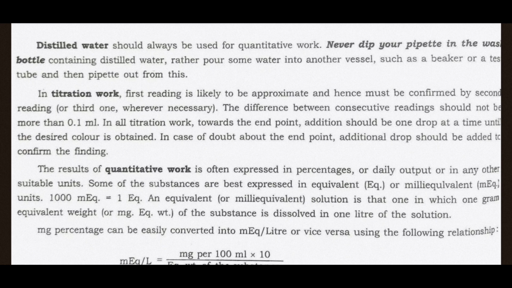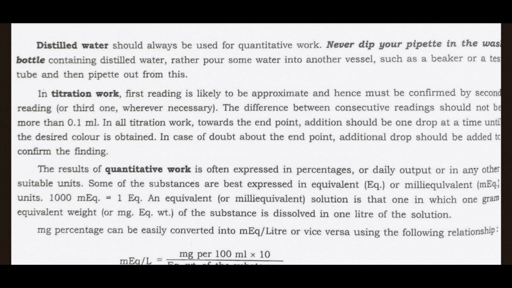Distilled water should always be used for quantitative work. Never dip your pipette in the wash bottle containing distilled water. Rather pour some water into another vessel, such as a beaker or your test tube, and then pipette out from this. In titration work, the first reading is likely to be approximate and hence must be confirmed by a second reading or third one wherever necessary.